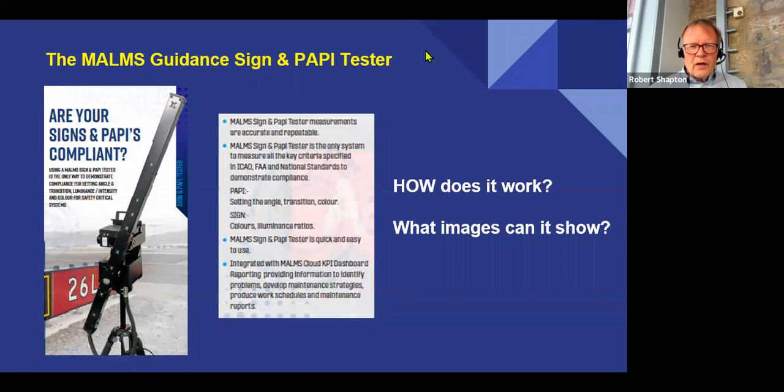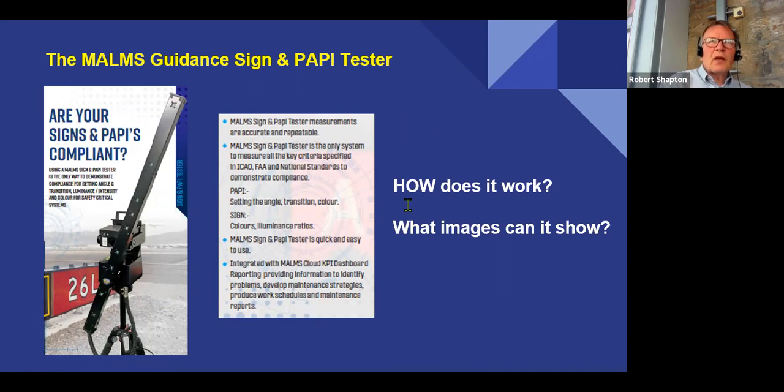So this is an image of the device. It's a tripod-based device. Here in this picture, it's actually configured for PAPI measurement. You don't need the photometric arm for the sign measurement. That's only needed for the PAPI measurement. The camera measures the luminance of the sign.